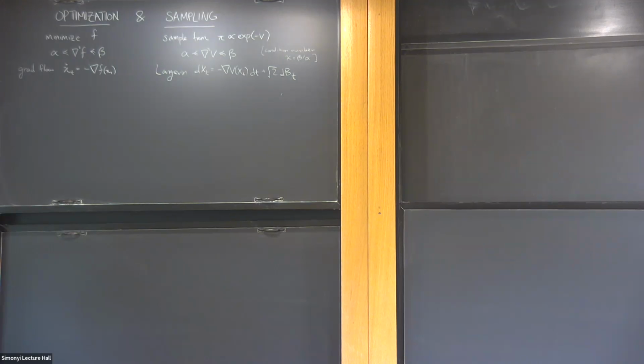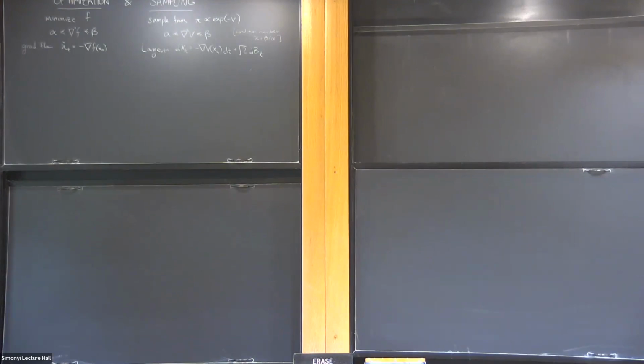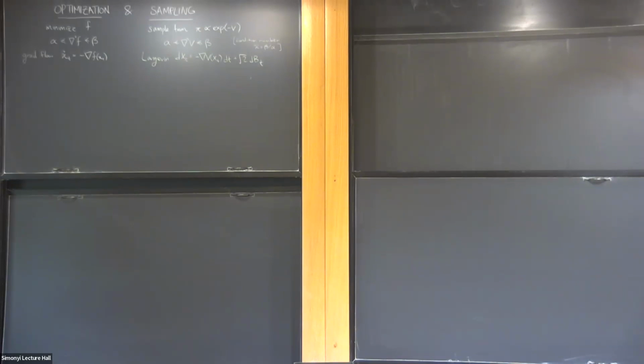That's strong convexity. You see that in a quadratic function. If the function was x squared, the second derivative is 1. It's way above 0. So that's what a strongly convex function would be.